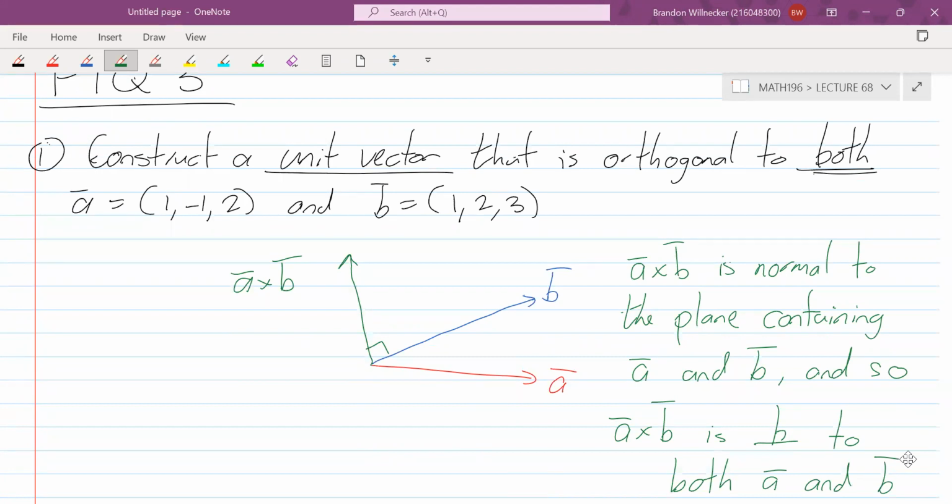If you have A and B, you take the cross product. The cross product is always perpendicular or orthogonal to those two vectors.